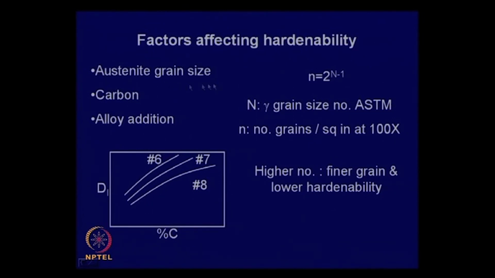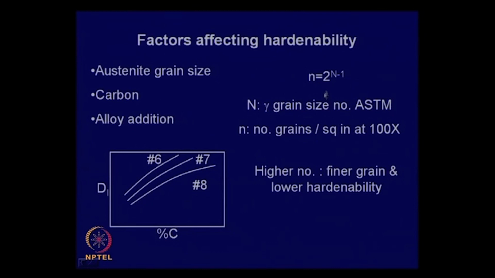One is austenite grain size, and we talked about a method of determining it. In the ASTM method, n is the number of grains that you see at 100x magnification, n represents the number of grains in 1 square inch, and n is an index which is a number. So, if n is 6, the number of grains you will find in 1 square inch will be 32.